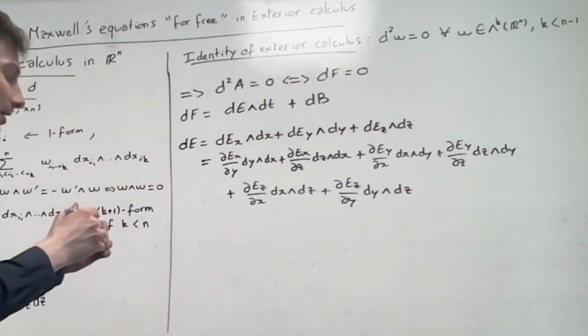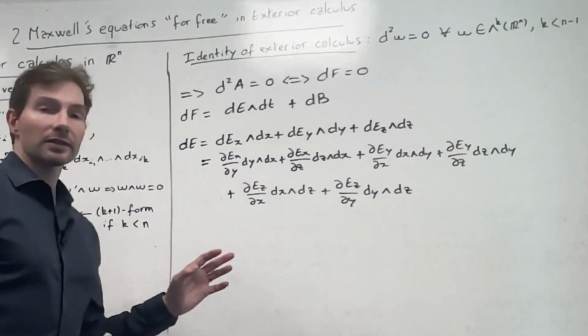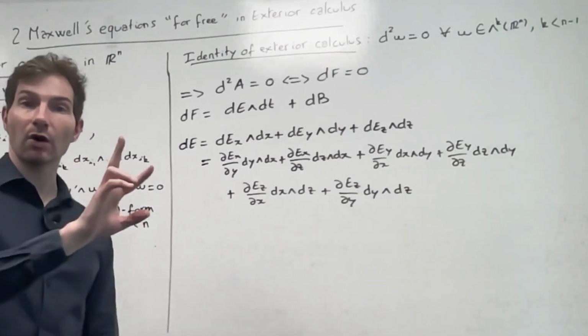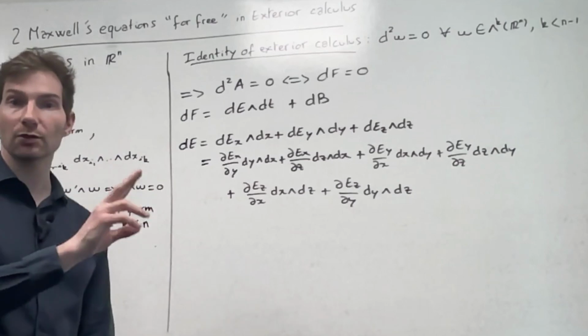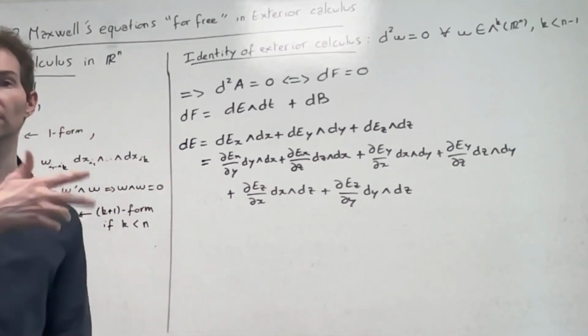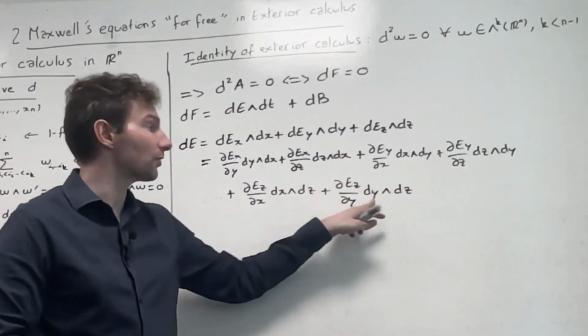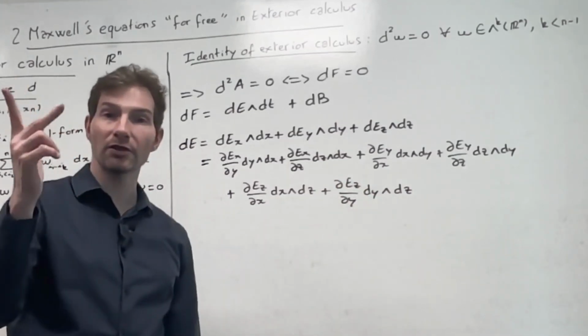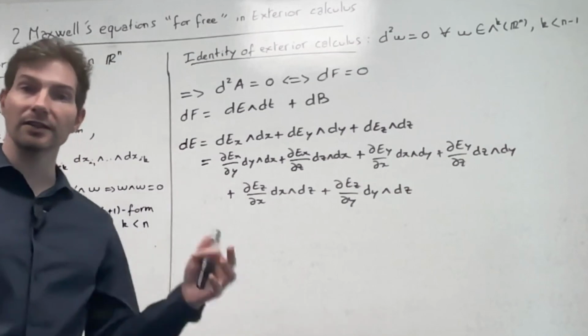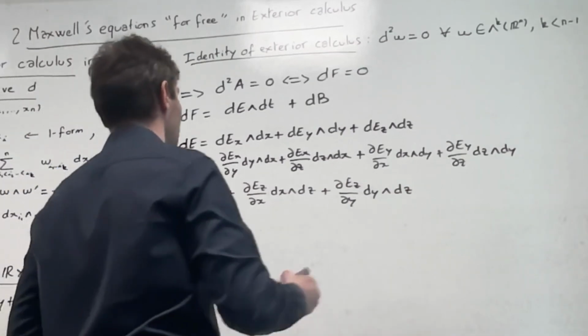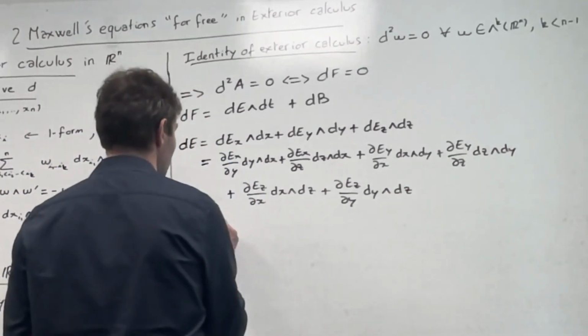Okay? Now, remember that dy wedge dx is equal to minus dx wedge dy, and vice versa. So we can take any of these products and swap them and put a minus sign. This allows us to make some form of factorization, and that's what I'm going to do here.